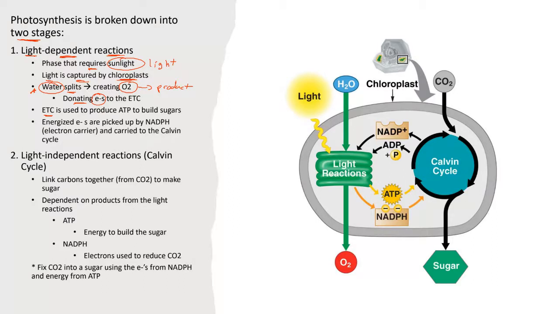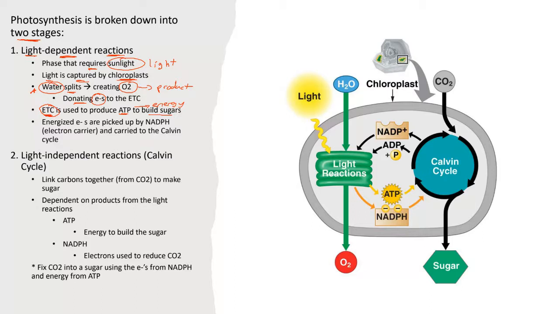So the electron transport chain is going to be used to make ATP, to build the sugars. And again, don't overthink it, ladies and gents. You already know this. We talked about the electron transport chain in cell respiration. What does it do? It produces ATP. Same thing here in photosynthesis. Energy for what? In this case, to build sugars.